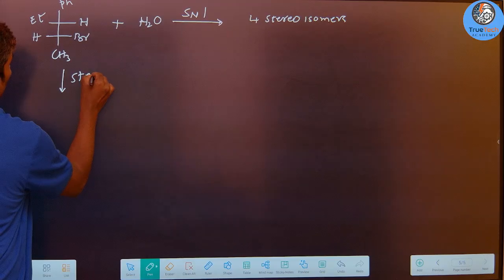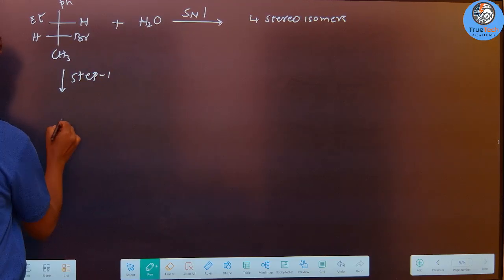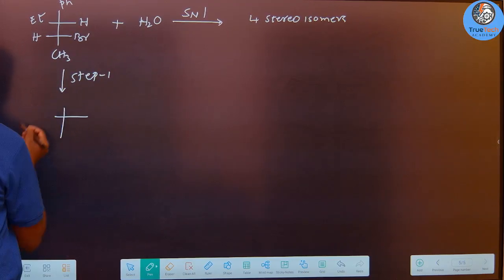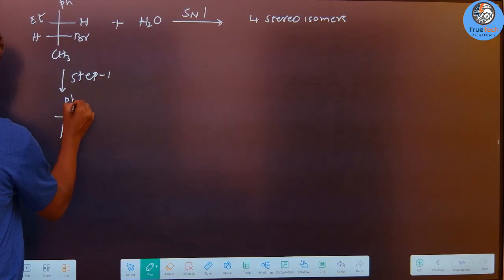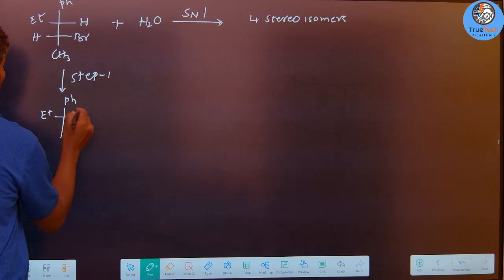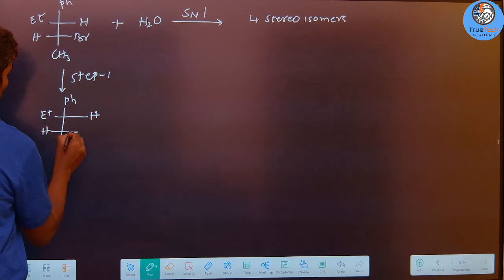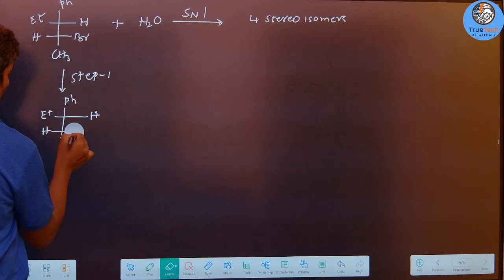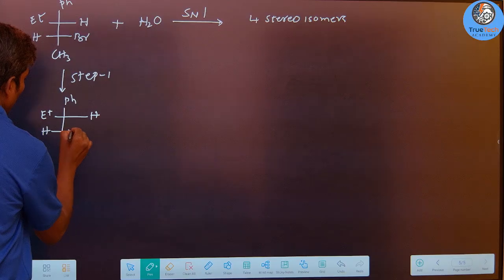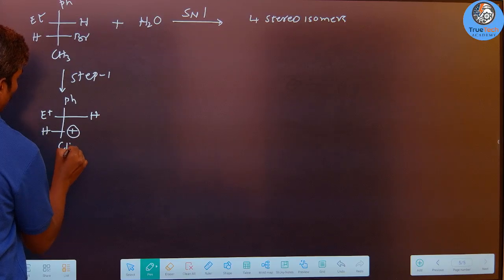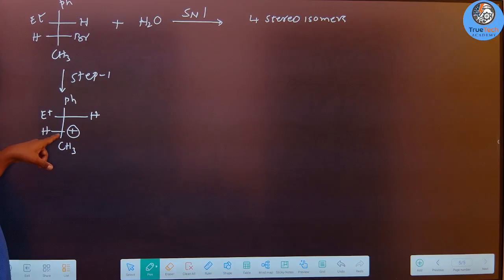In step 1, we know there is breaking of the carbon-halogen bond. So here you are going to get a carbocation. Here there is a formation of carbocation. If you observe here, this is a secondary carbocation.